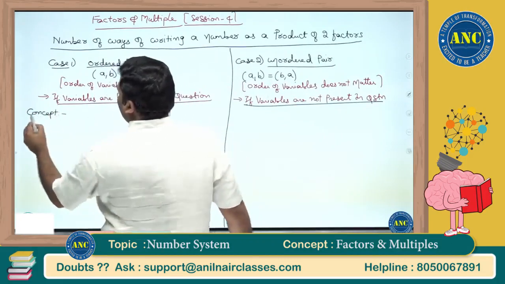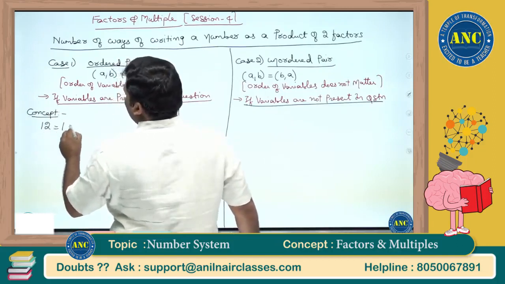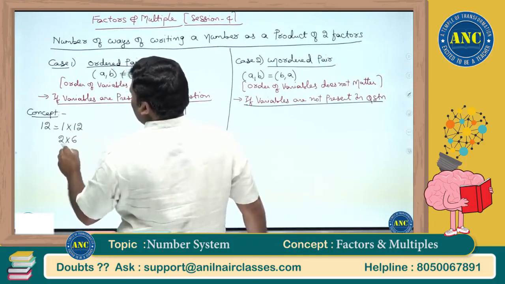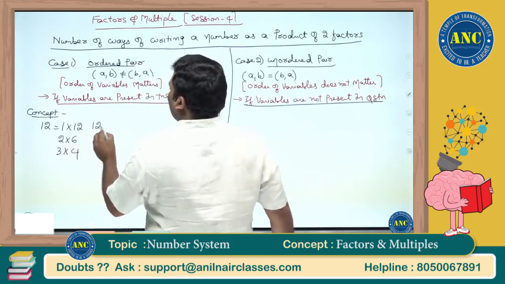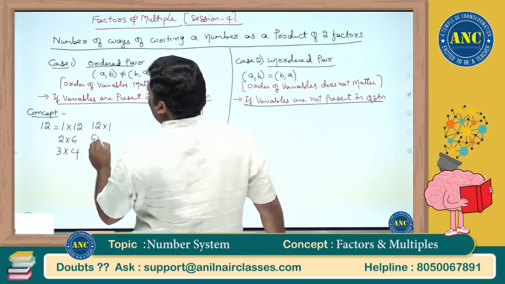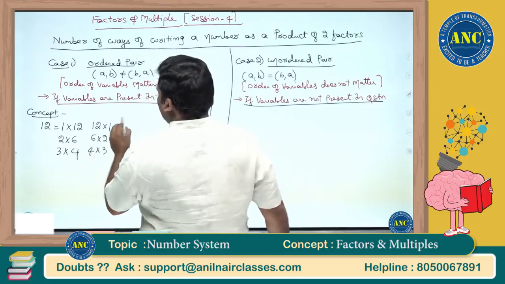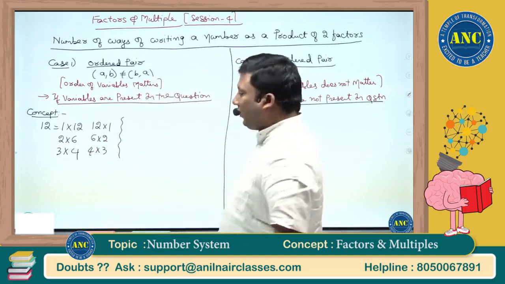Suppose, for example, I write 12. 12 can be written as 1 into 12, 2 into 6, 3 into 4. In an ordered pair, reverse is also possible: 12 into 1, 6 into 2, and 4 into 3. I took a number 12, which is a non-perfect square.